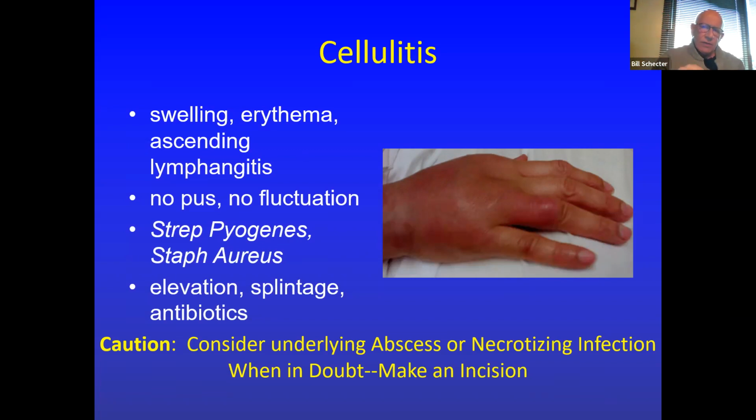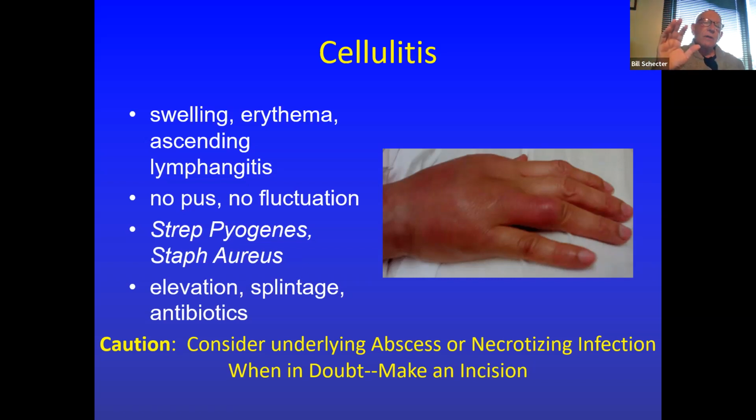So you have to realize when you see a patient like this with cellulitis, that hand is in the wrong position. As you're treating the infection with antibiotics, elevating it and getting rid of the swelling, you want that wrist to be extended and the MCP joints flexed.